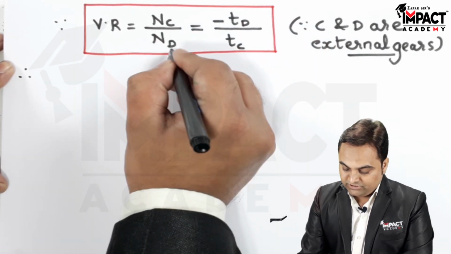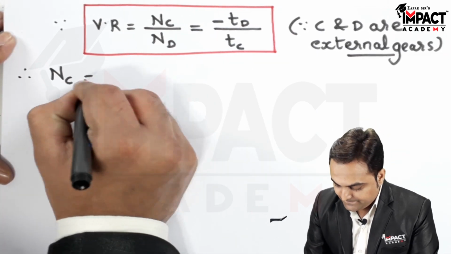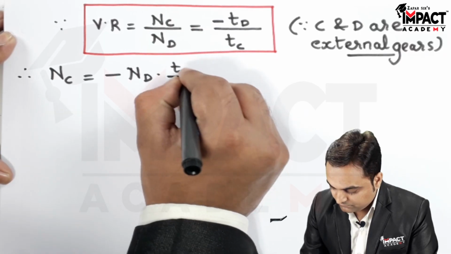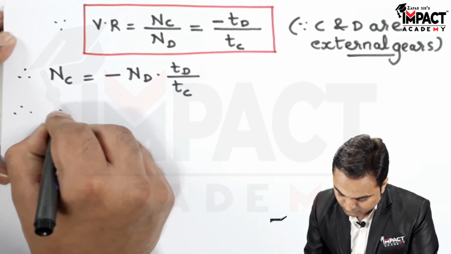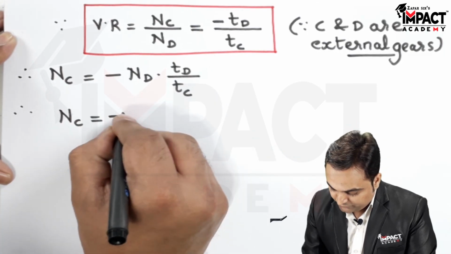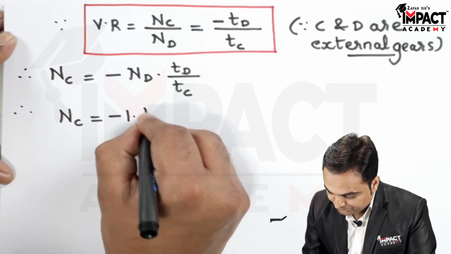Therefore, since we have given +1 revolution to ND, NC would be ND multiplied by the ratio. Giving +1 revolution here, that would be -1, so 1 into TD by TC.